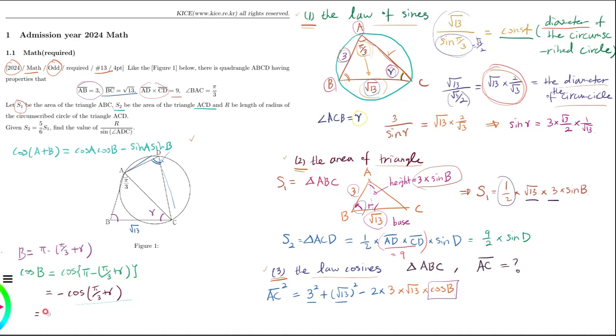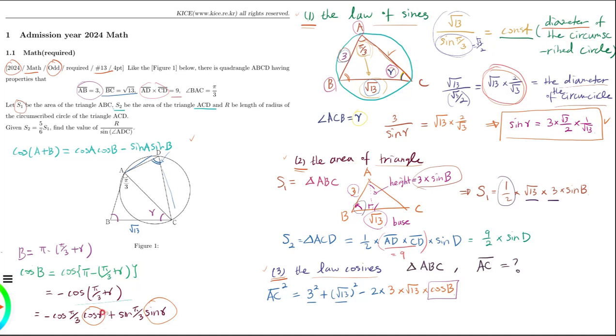I mean, this is the same as negative cosine pi over 3 times cosine gamma plus sine pi over 3 times sine gamma. And we do know the value of sine gamma here.